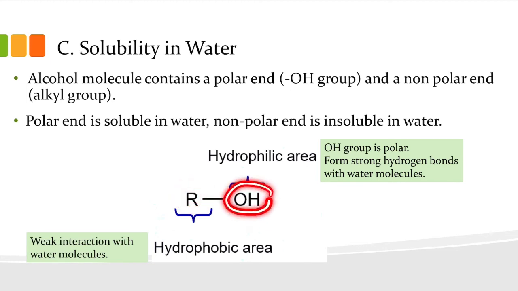The polar end is soluble in water, so we call it the hydrophilic area, while the non-polar end is insoluble in water, and we call it the hydrophobic area. The OH group is polar and it will form strong hydrogen bonds with water molecules, but the hydrophobic area will have weak interaction with water molecules.